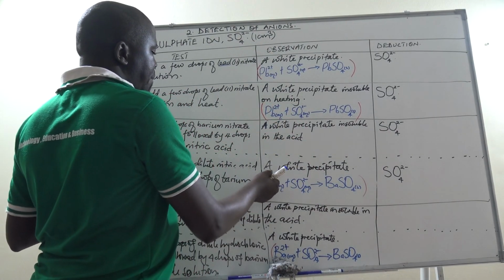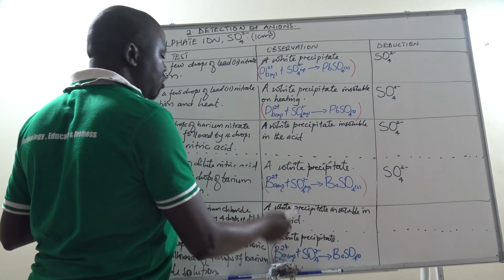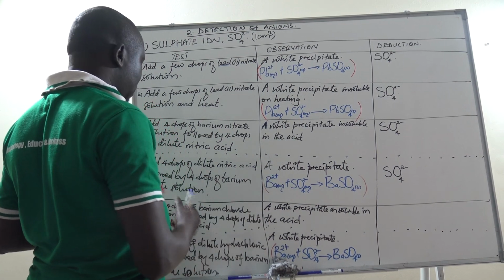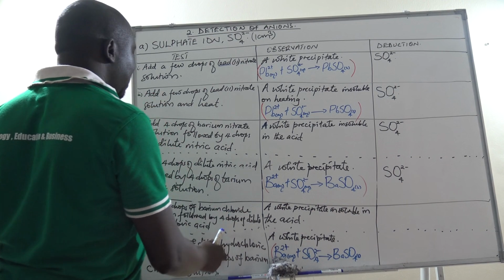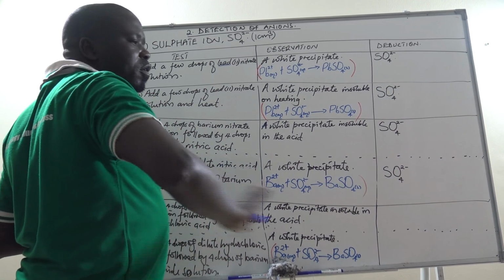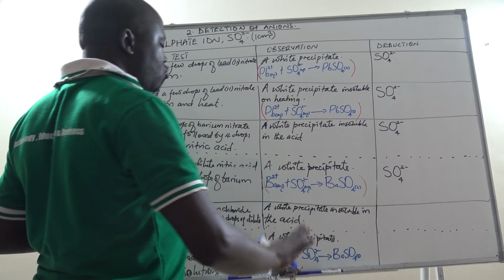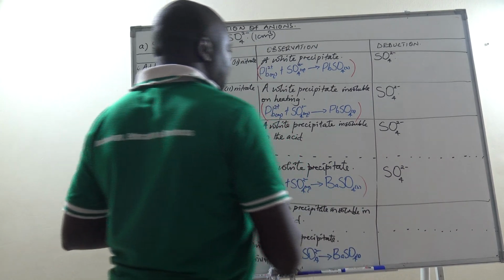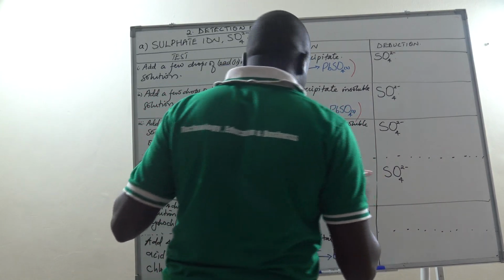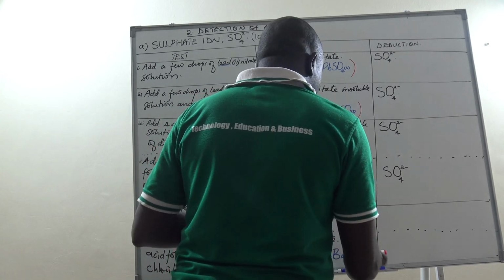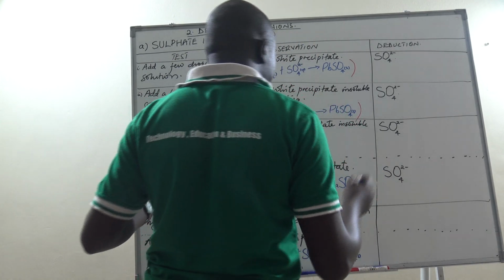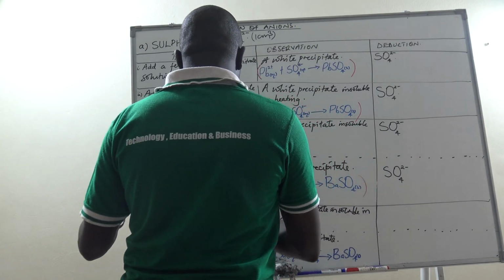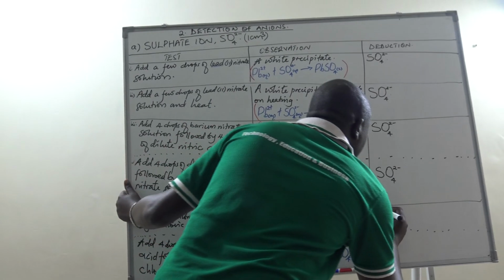So the barium chloride and barium nitrate solution plays the same role in the 2 different tests, and then the hydrochloric acid and the nitric acid plays their own separate role of destroying or decomposing any carbonate or any sulfite ion that may be present as an impurity, and which would also form a white precipitate with the barium nitrate or barium chloride solution.